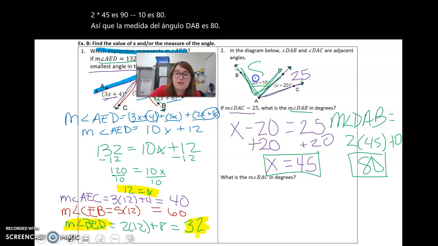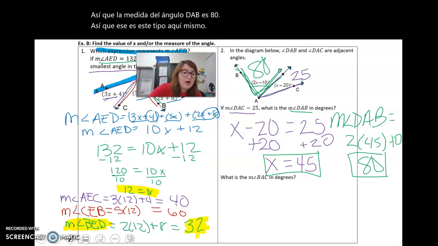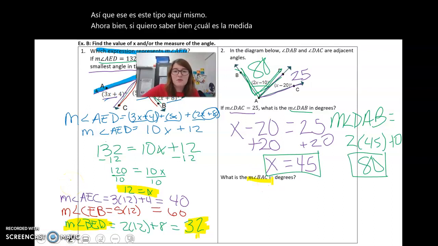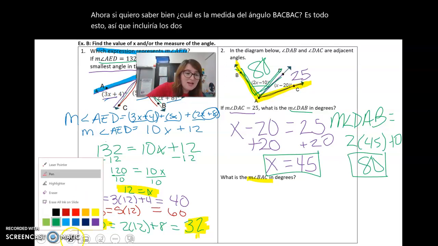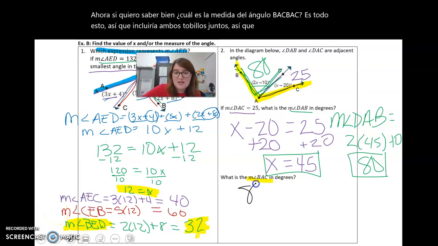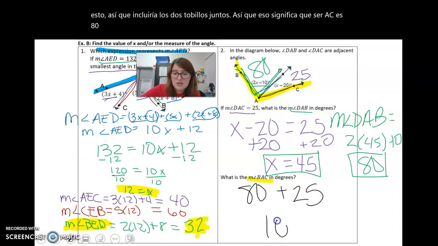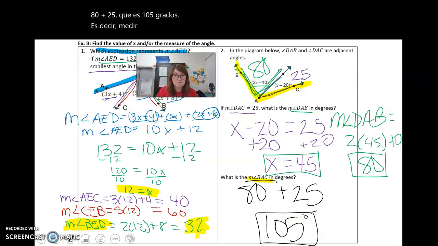So that's this guy right here. Now if I want to know, what is the measure of angle BAC? BAC is all of this, so I would include both of the angles together. That means BAC is 80 plus 25, which is 105 degrees. That is the measure of angle BAC.